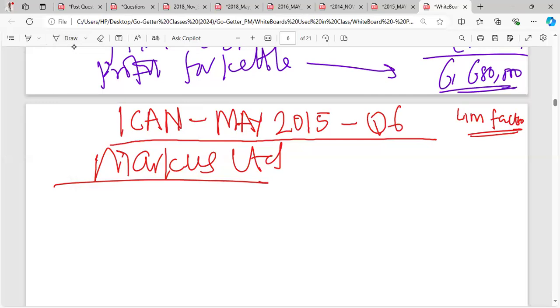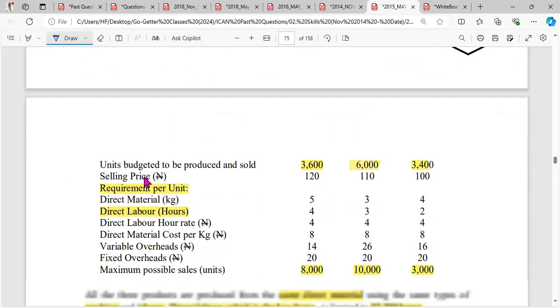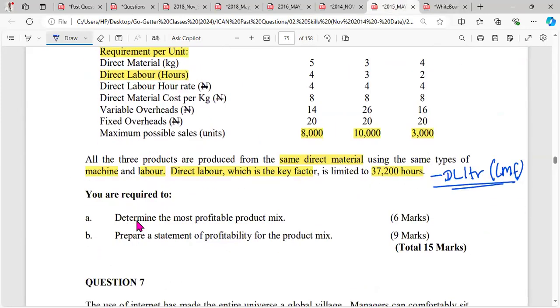So what are we asked to find? We are asked to get the most profitable product mix.